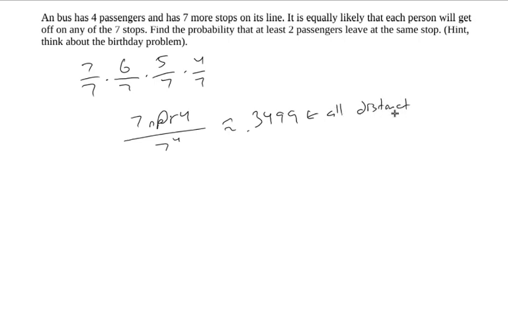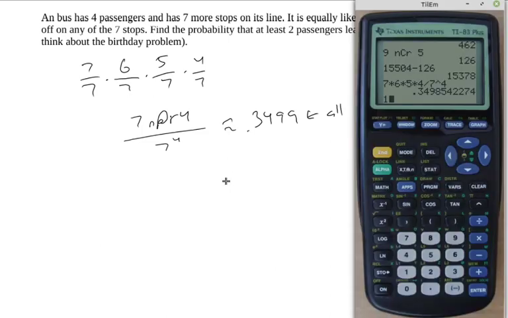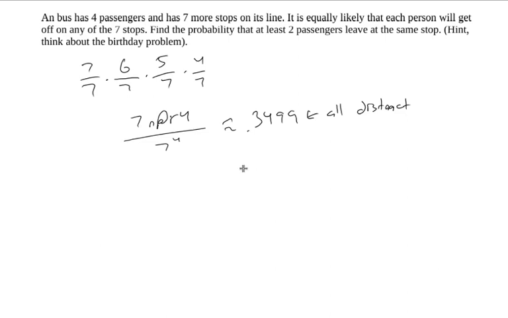In other words, they all get off at their own bus stops. So if we're trying to find the probability that at least 2 passengers leave at the same bus stop, we're going to do 1 minus that number, just using our complement rule. We get 0.6501.